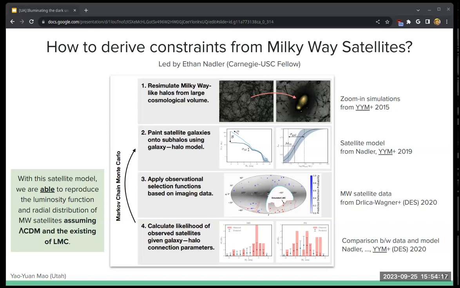Throughout this process, if I just start with a regular zoom-in simulation that does not have an LMC, you will basically get no good fits. That is where we realized the LMC is really important, so we need to include it in this process. One of the biggest uncertainties here is really the galaxy-halo connection model in this second step. How do I put galaxies into halos? And how do I really understand the uncertainty that we have in there?